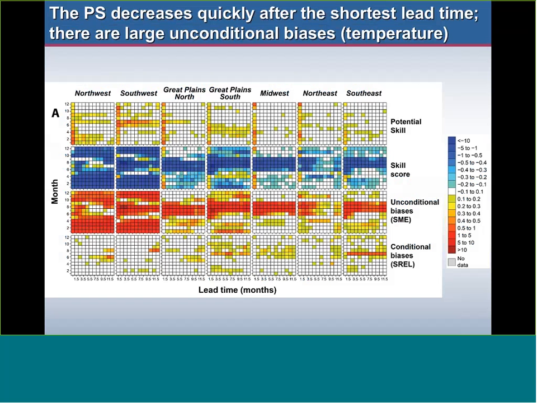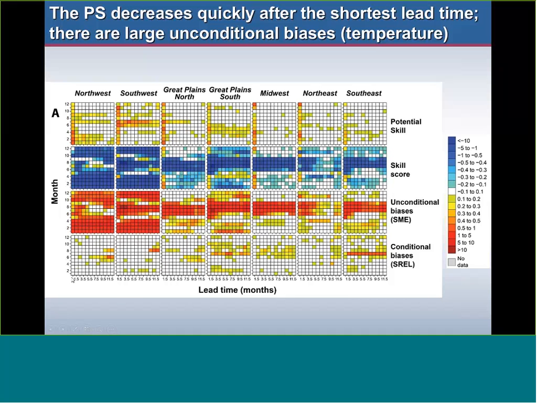We're going to start with the U.S., and it's a busy slide, but it's one that is fairly intuitive to understand. On the columns, you have the 7 different regions we focused on. On the rows, you have the different metrics that we consider: the potential skill, the actual skill, unconditional and conditional biases.